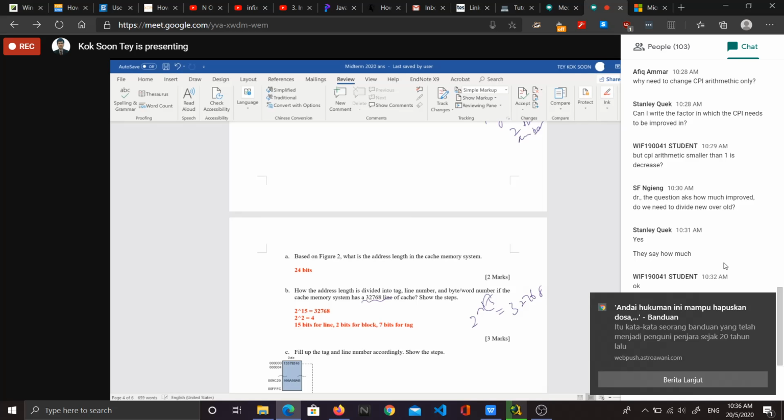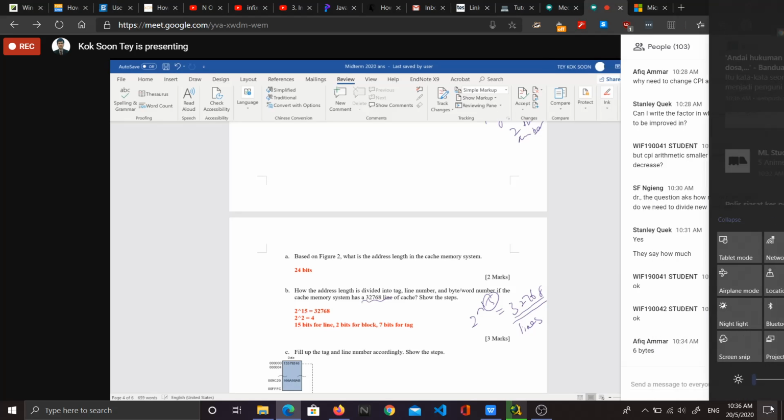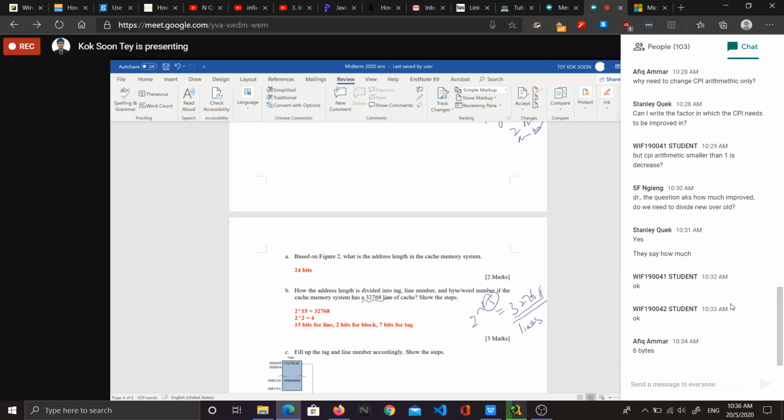So it should be 15. So it means the line number is 15. So 15 bits required for line numbers. They told you total they have 32768 lines in the cache. Right? So you need to know how many bits you require to point to each of the lines. So you need 15. 2 power of 15 equals to this number. So you need 15 bits for the line.